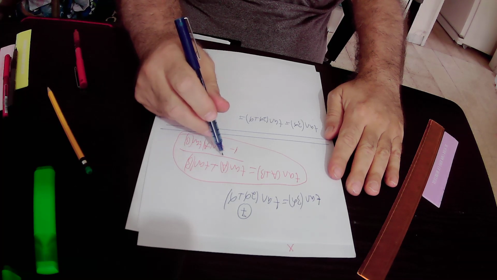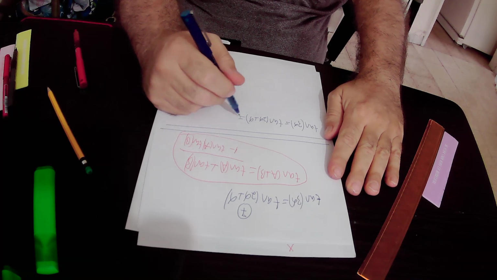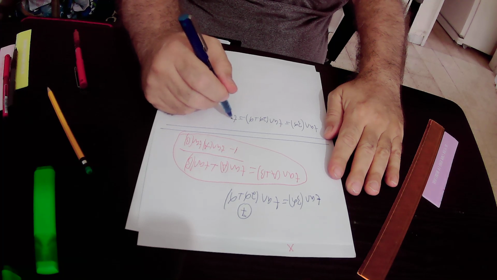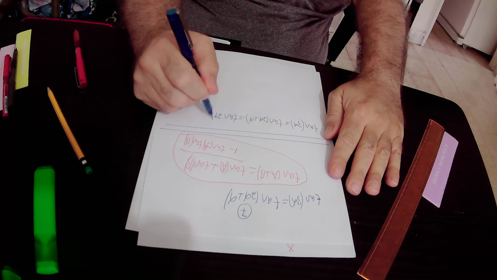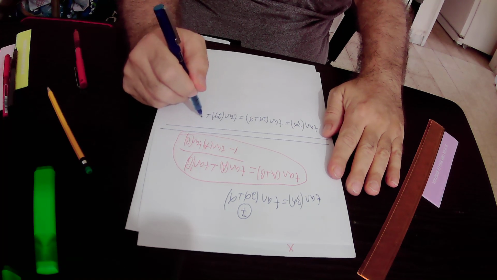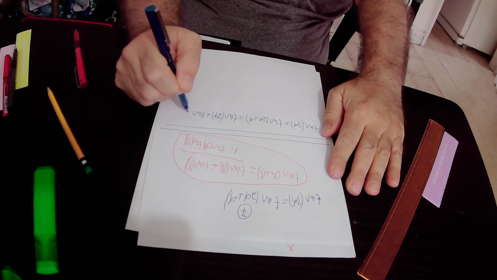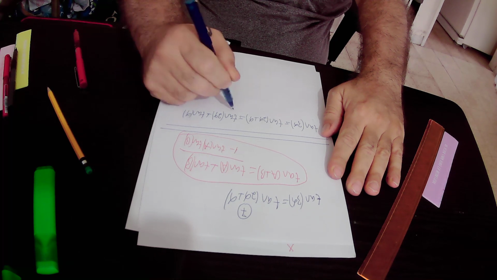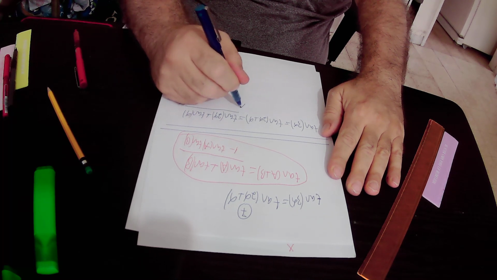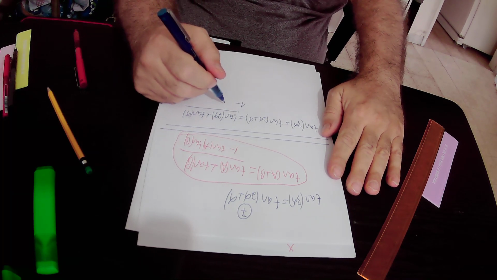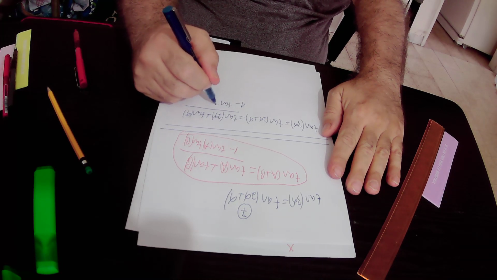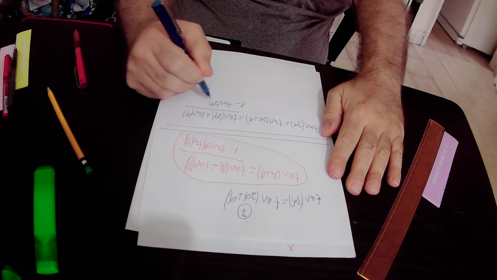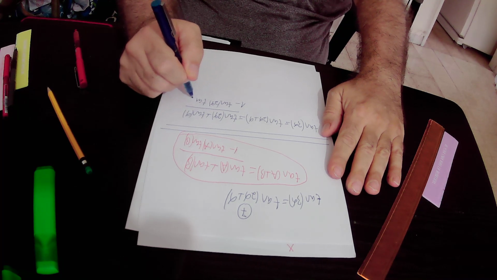According to this trigonometric identity, tangent of 2 alpha plus alpha will be equal to tangent 2 alpha plus tangent alpha over 1 minus tangent 2 alpha times tangent alpha.